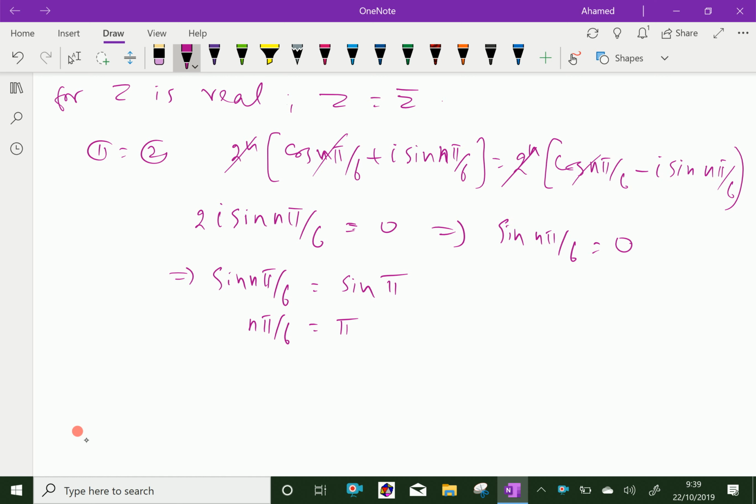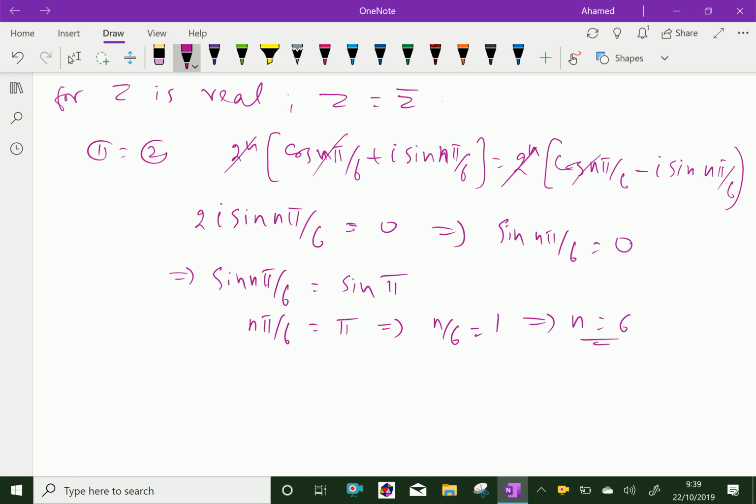So nπ/6 equals π, which gives π cancels on both sides. Therefore n/6 equal to 1, which gives n equal to 6.